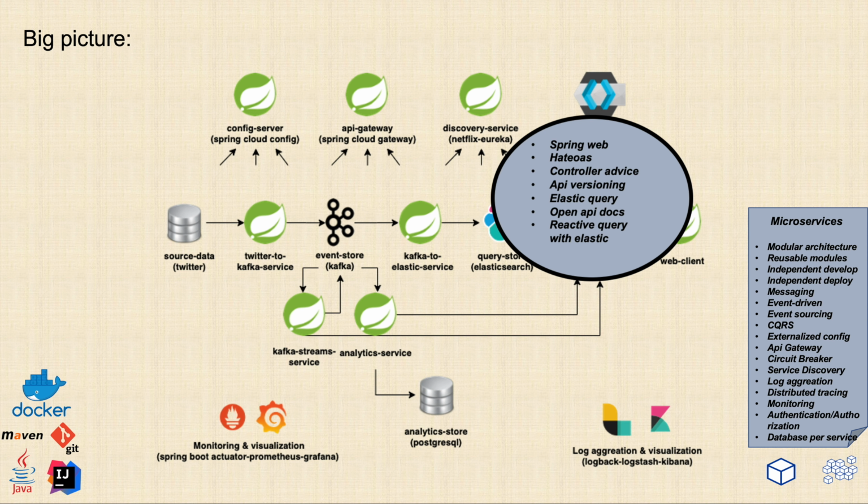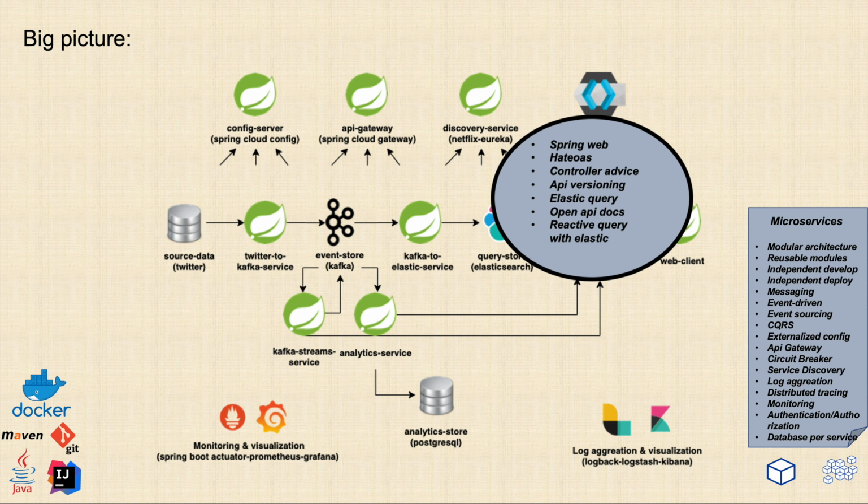Finally, you will be learning the Elastic Query API and look at various query types that Elasticsearch offers. At that point, you will also write an alternative reactive query implementation of the service to be used by the later sections.